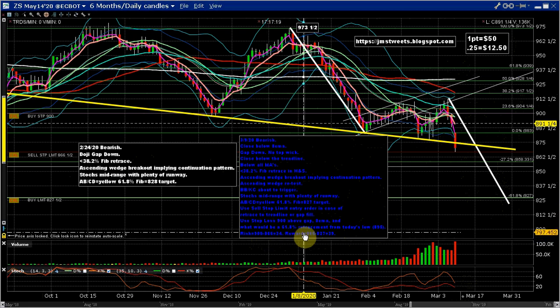It's pretty close to 1-to-1, but this looks like a very probable setup, so I'm going to tolerate only slightly greater than a 1-to-1 risk-reward ratio. I'd rather have 2-to-1 or 3-to-1, but on the other hand, if you have a high probability setup, then 1-to-1 is warranted.